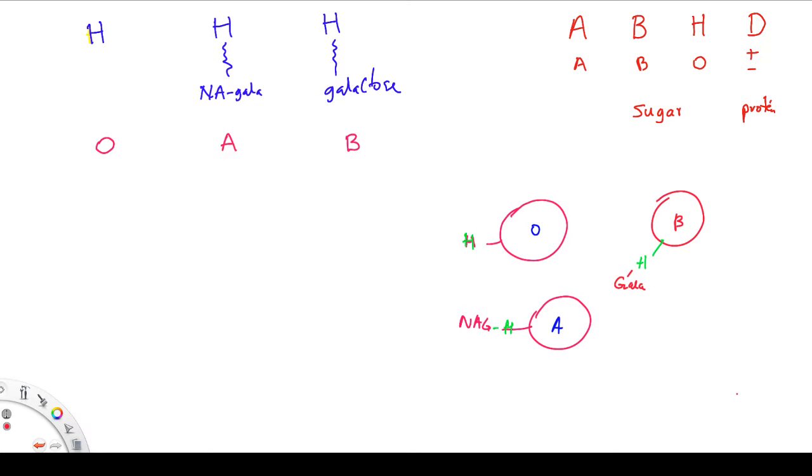And then you have AB as well. What's the total? 8 types. AB positive, AB negative, A negative, A positive, B negative, B positive, O positive, O negative. Make sense? Look, there's one more. If they have the galactose and the N-acetyl galactose at the same time, that's AB.